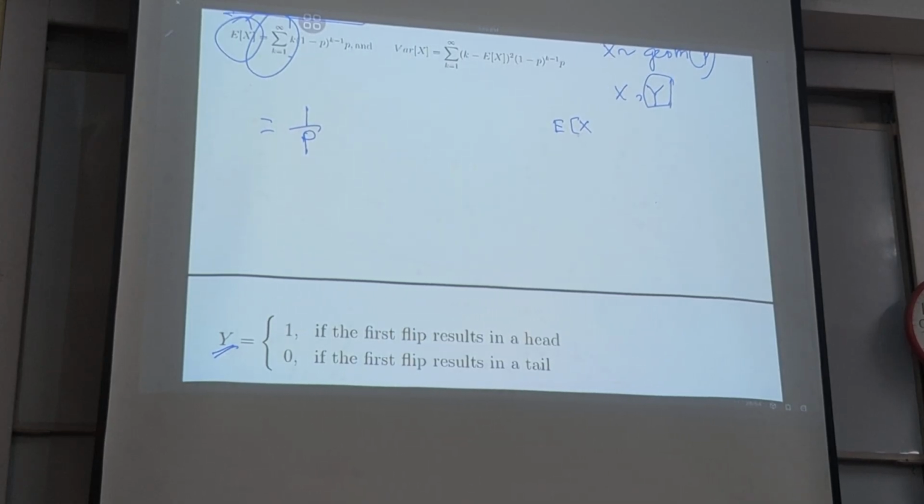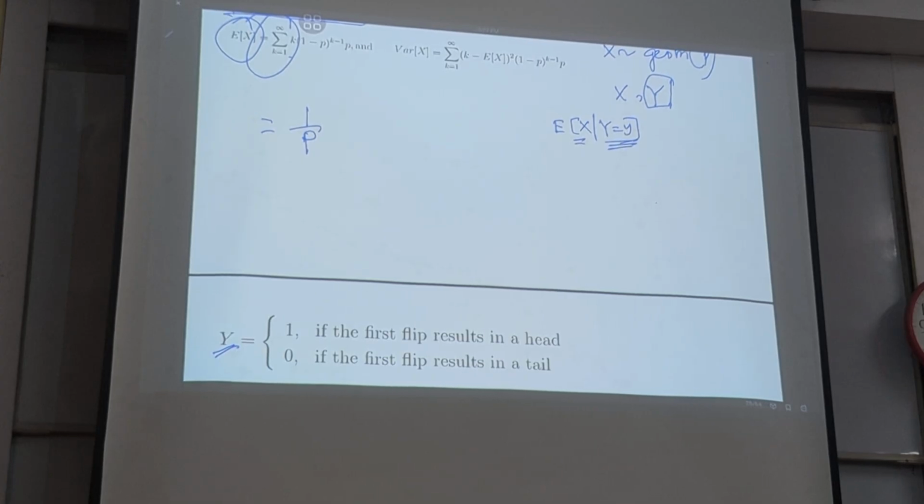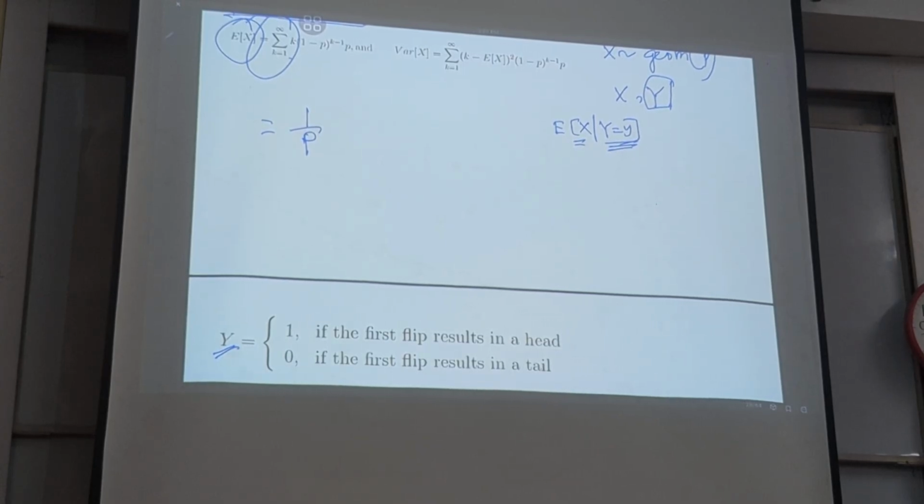And you want to calculate the expected value of X. What is needed there? The expected value of X given Y. If you know the expected value of X when some value of Y is given, and you get it for all values of Y, then you can calculate the expected value of X by applying the law of total expectation, subject to the fact that you know the PMF formula.